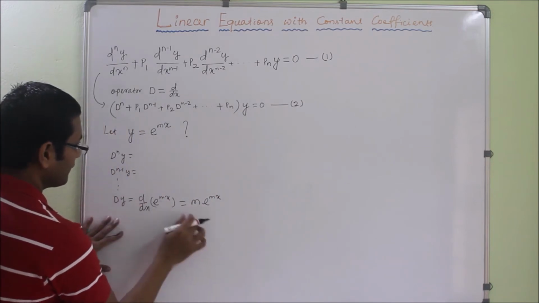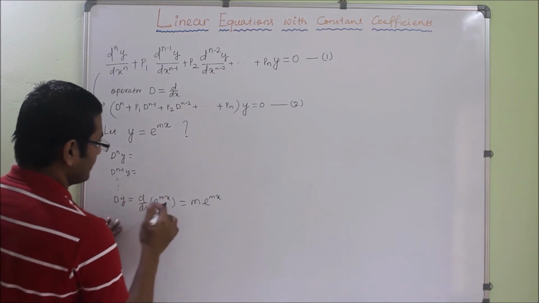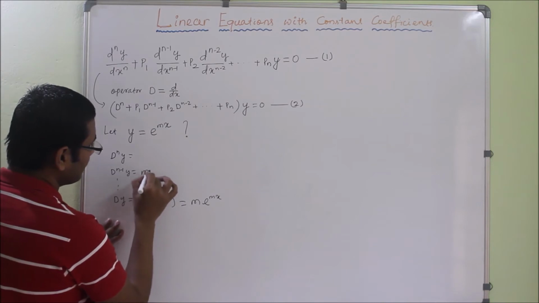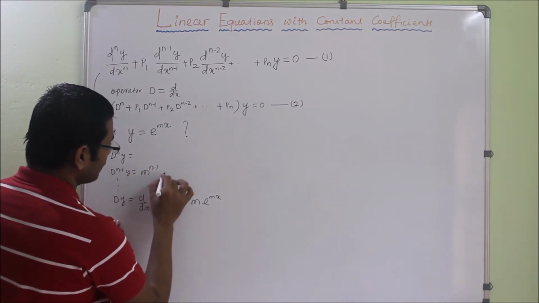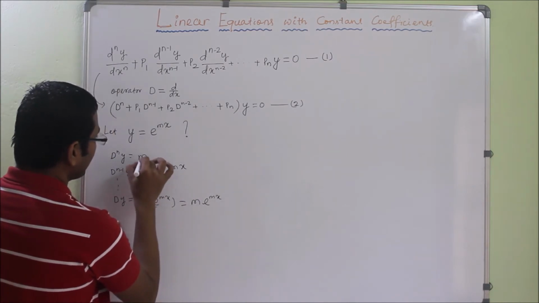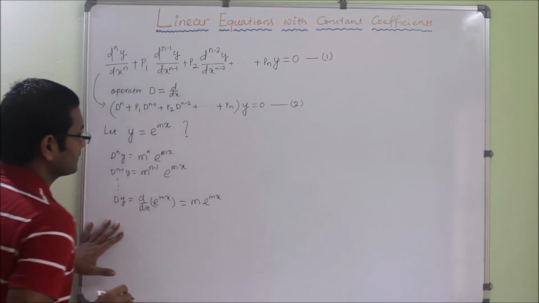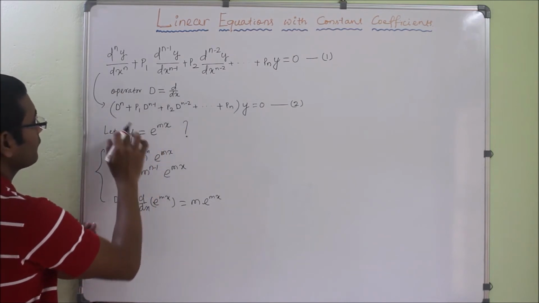Similarly, if you take the double derivative, it will be m squared e to the power mx, like that. D^(n-1) y will be m^(n-1) e to the power mx, and D^n y will be m to the power n e to the power mx. Now if I put this in the equation, what will happen?